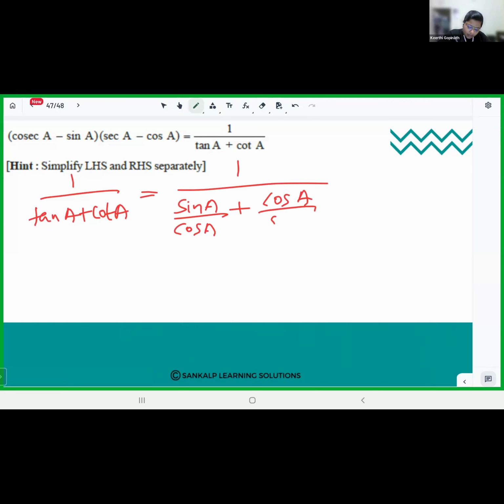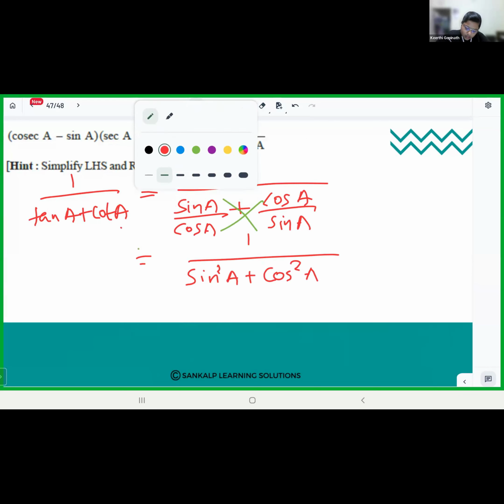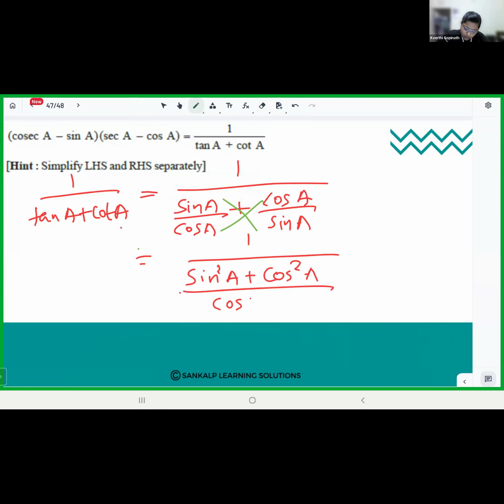Alright, so this can be written as 1 by sin square A plus cos square A by cos A sin A. You just cross multiply this. Alright, so what is the value of sin square A plus cos square A? It is 1, right? So 1 by 1 by cos A sin A.